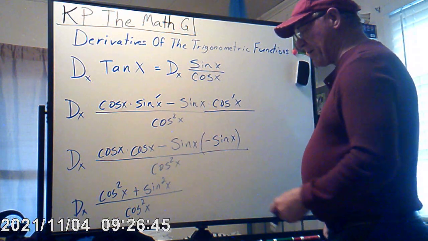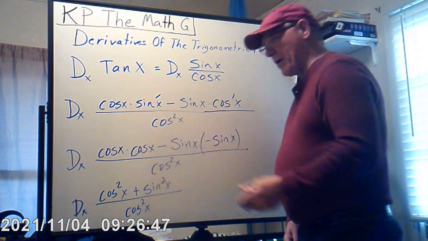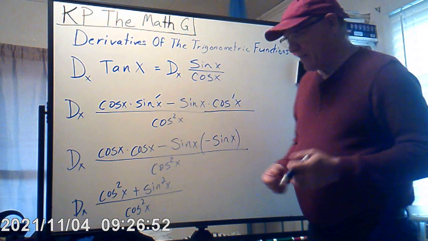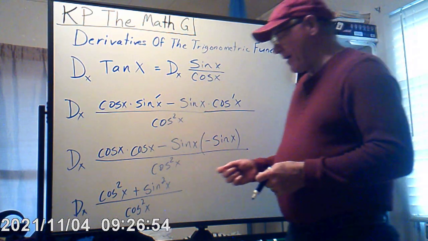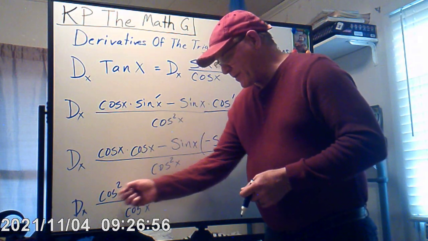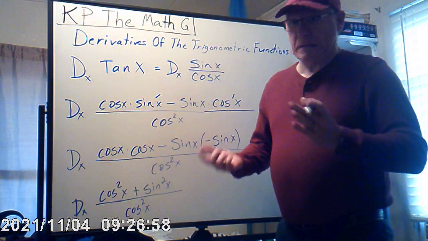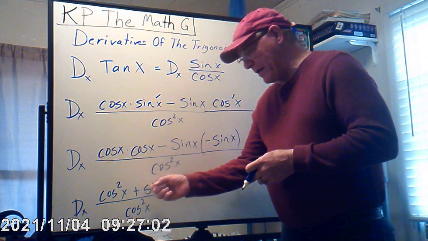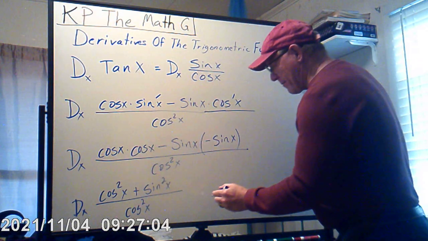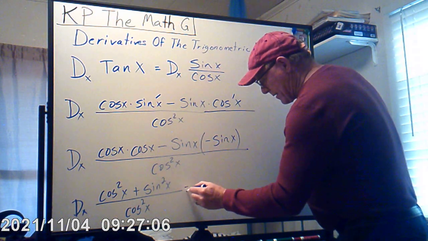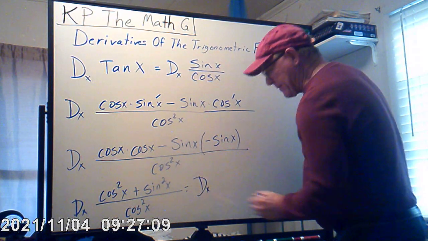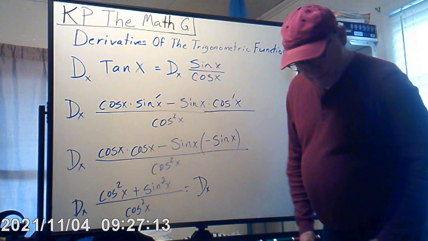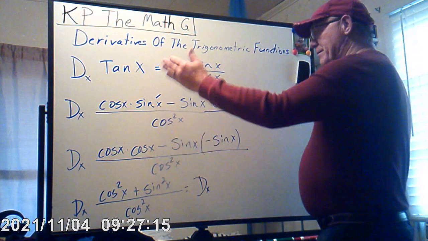There is an identity that says that sine squared x plus cosine squared x is some number, right? It's 1. Cosine squared x plus sine squared x is the same thing. We're still looking at the derivative, and I should not do that all the way through. We're doing the derivative as we go.